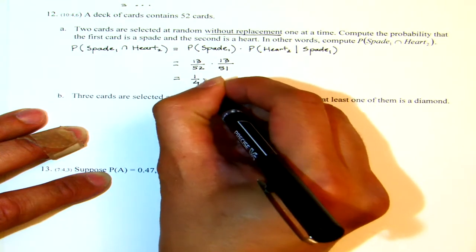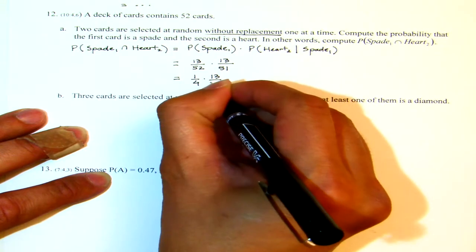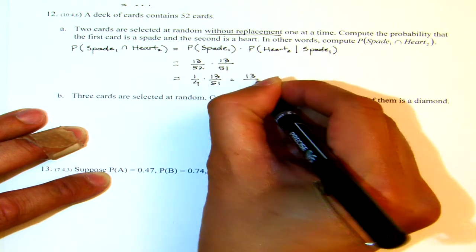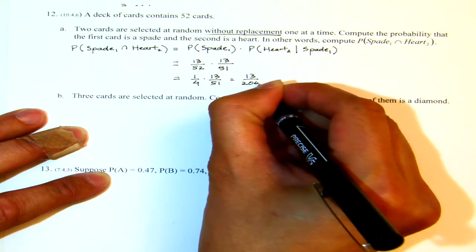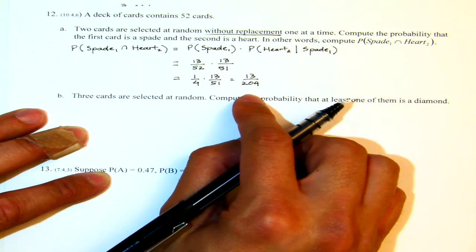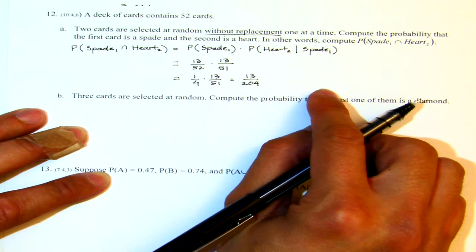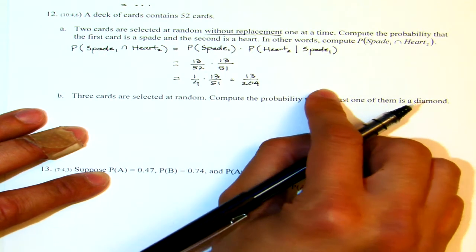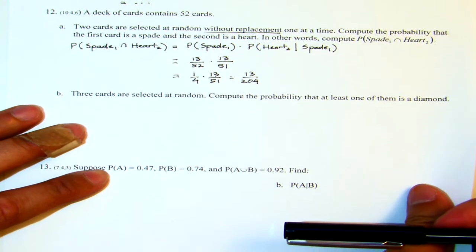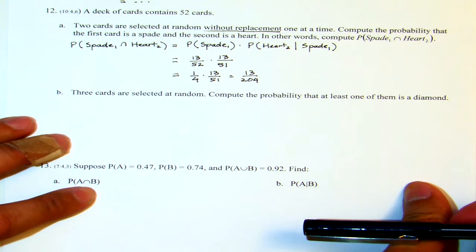This is 1/4 times 13 over 51, which is 13 over 204. Now you can leave it like that, as a simplified fraction, or if you change it into a decimal, remember to round it to 5 decimal places.